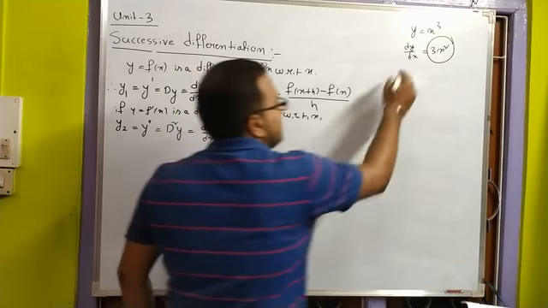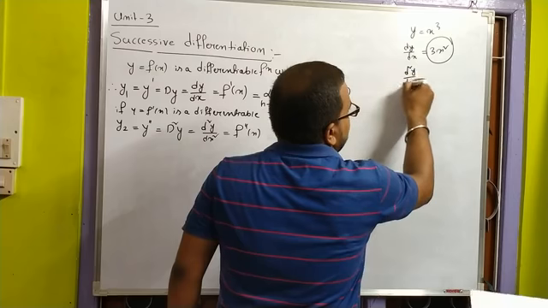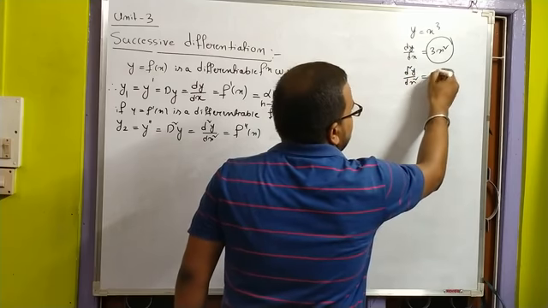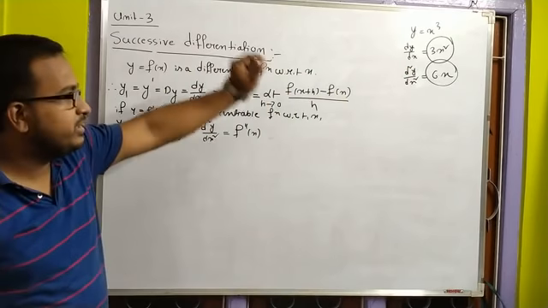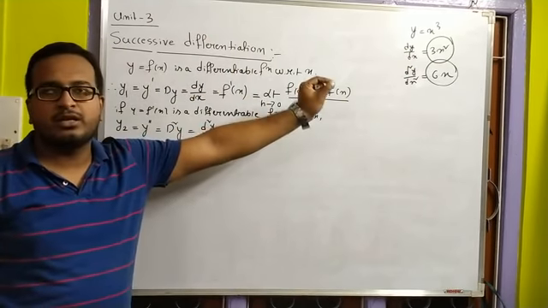Now here you see, if you find d squared y by dx squared, you will get 6x, and this 6x is again a differentiable function with respect to x.